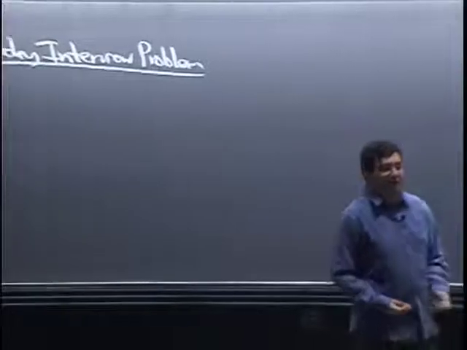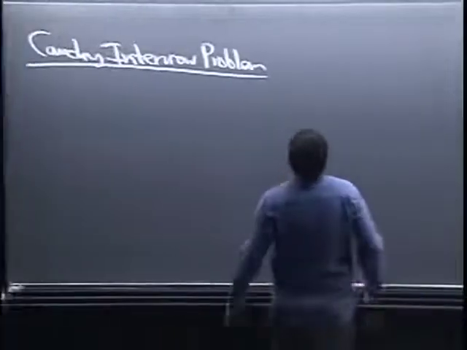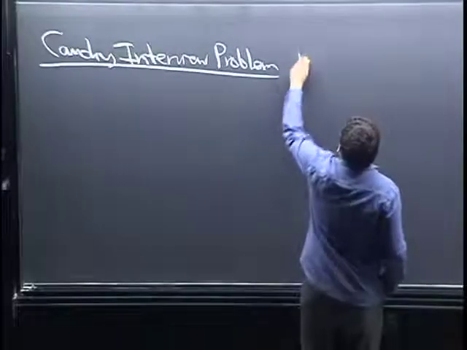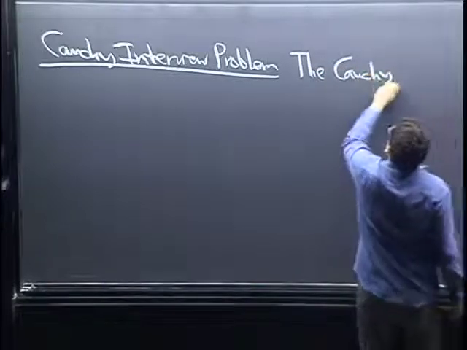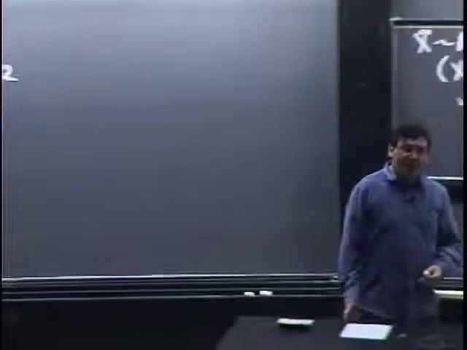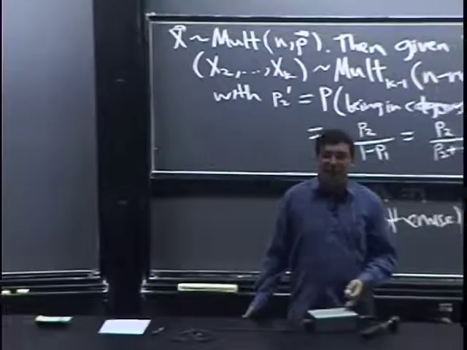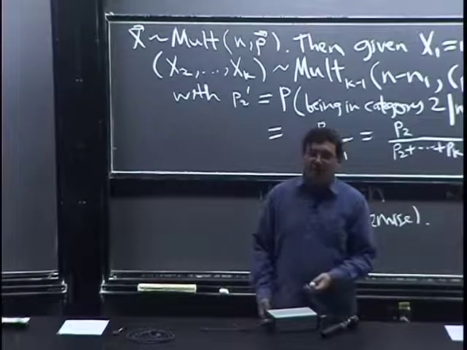Anyway, I have to tell you what the Cauchy is. Cauchy was a famous mathematician, but in this context, Cauchy refers to a specific distribution. The Cauchy distribution is a famous distribution that has a lot of weird, scary properties.